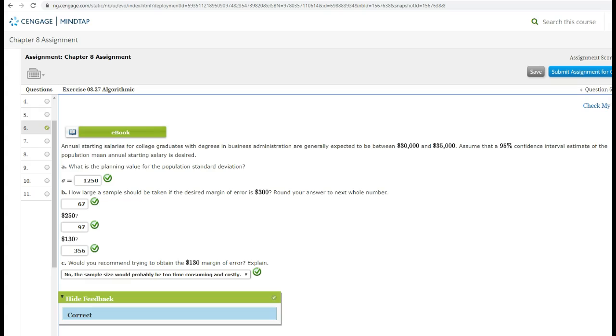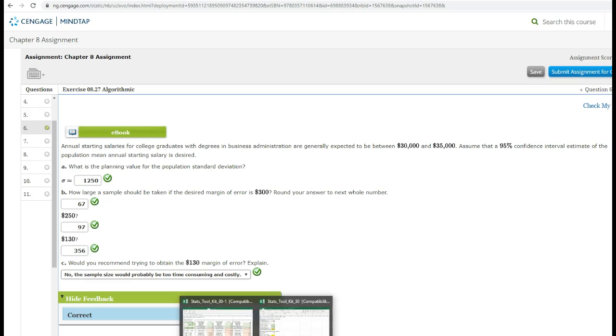Now, you have to recall that the formula for the sample size is n equals z sub alpha over 2 squared times sigma squared divided by the margin of error, or E squared. So the planning value for the population standard deviation is what they're asking you to find here.